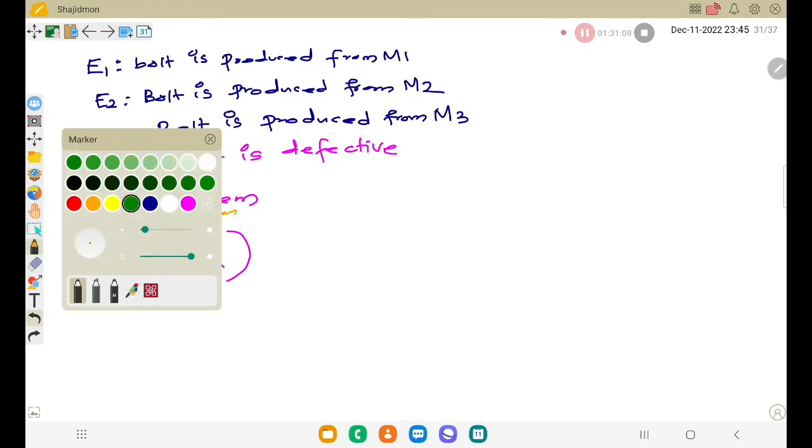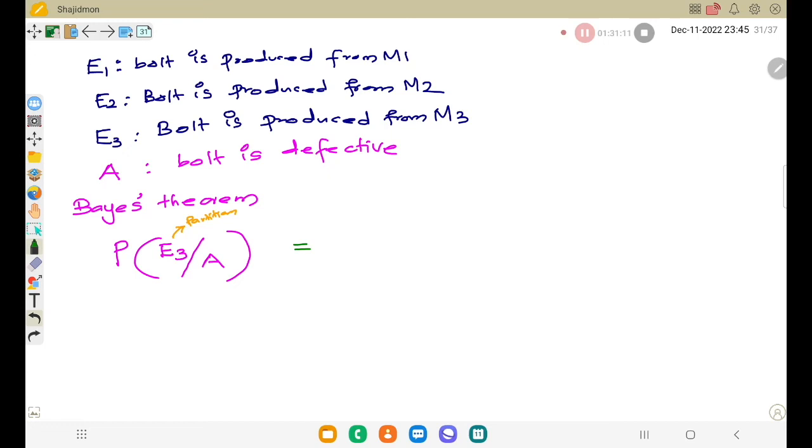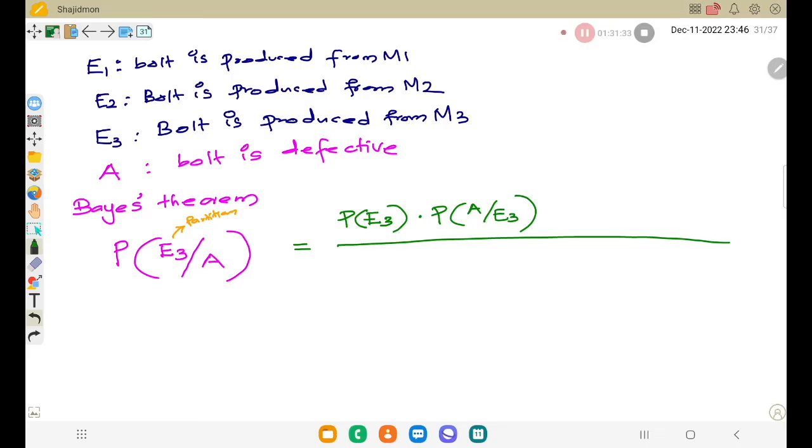So equal to, what is the rule we studied: probability of the particular partition, the particular machine, probability of E3, because here we need to calculate probability of E3 given A. So probability of E3 multiply probability of A given E3, divided by total probability.